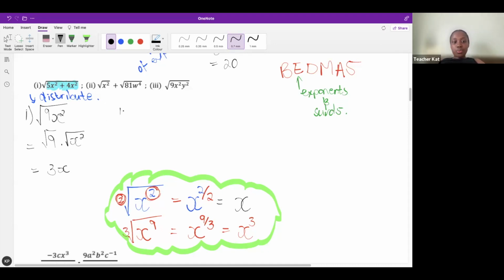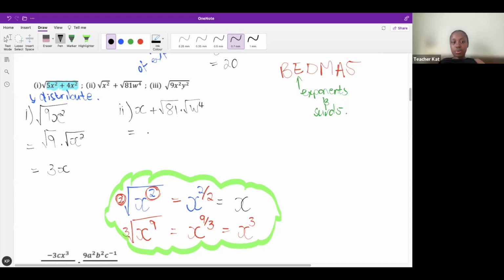So for number 2, what is the square root of x squared? It's just x, plus the square root of 81w to the power of 4. So this is the same as the square root of 81 times the square root of w to the power of 4.